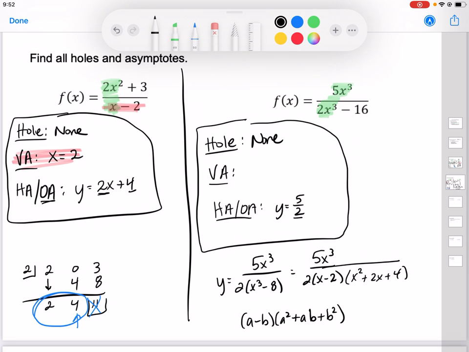Vertical asymptote. Now it's going to look like there are 3 because it's to the 3rd power. We only keep real vertical asymptotes, so real answers. So I'm actually only going to have 1. And the reason being, if I try plugging this in and I have to use the quadratic formula, you get negative 2 plus or minus the square root of 2 squared, which is 4, minus 4 times 1 times 4, all over 2 times 1.